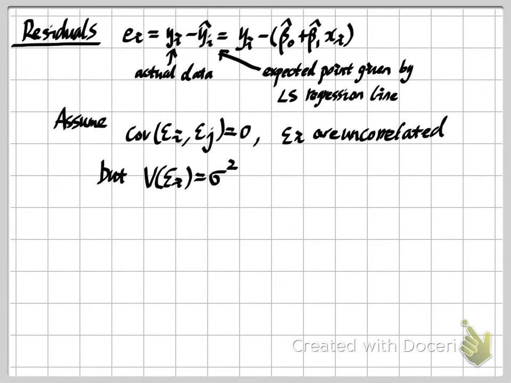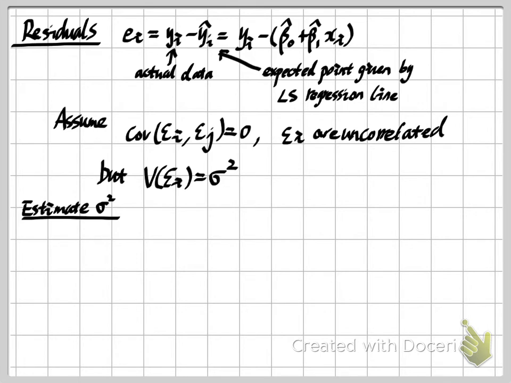So then the next thing we can talk about is how we can estimate the value of our sigma. Here we have one unbiased estimator of our sigma square.